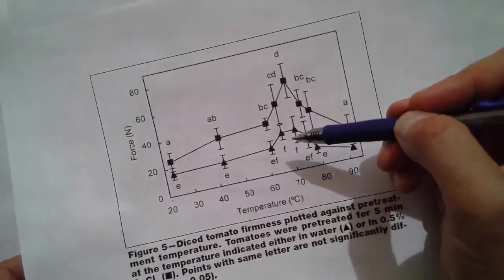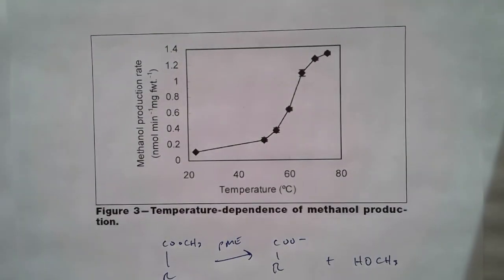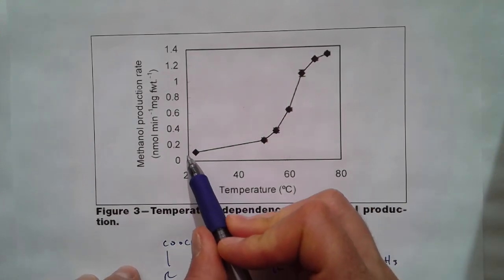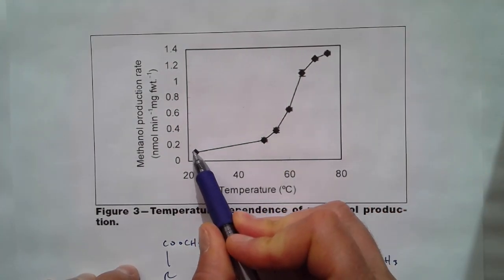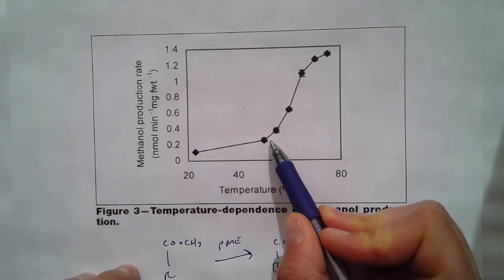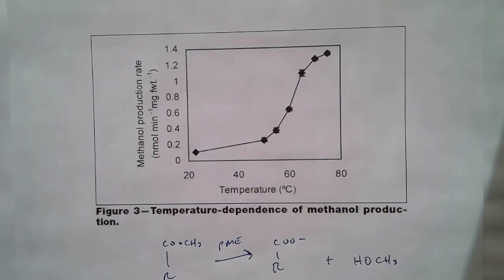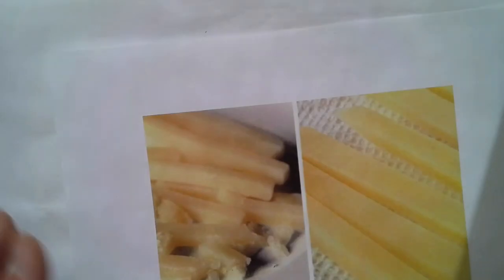The way that they knew that is because they looked at firmness. Another way that they confirmed that PME is what's acting here is by measuring methanol concentration. So here's methanol. We can see we're not getting a lot of methanol until we get to the point where PME is active, the optimal temperature range for PME.